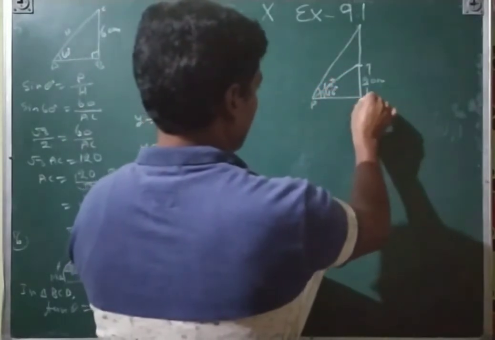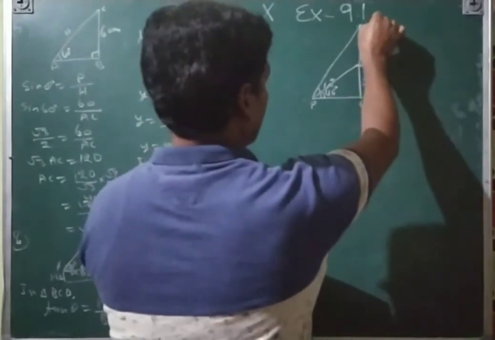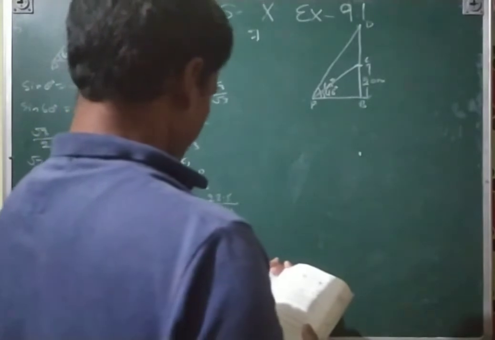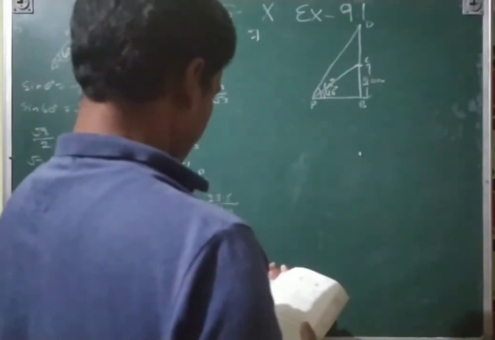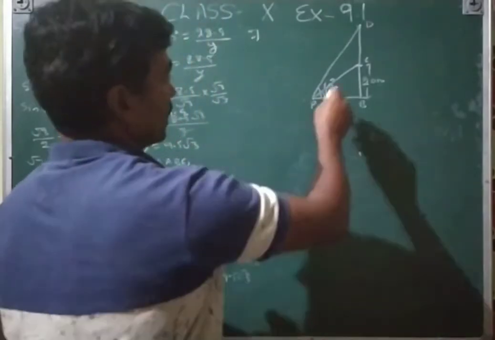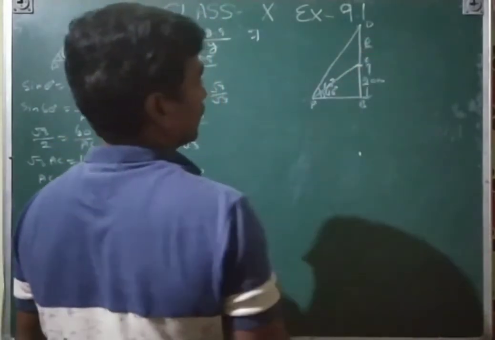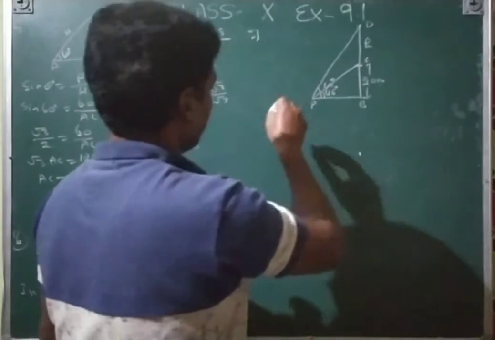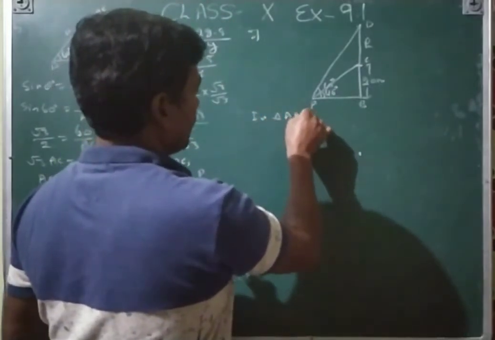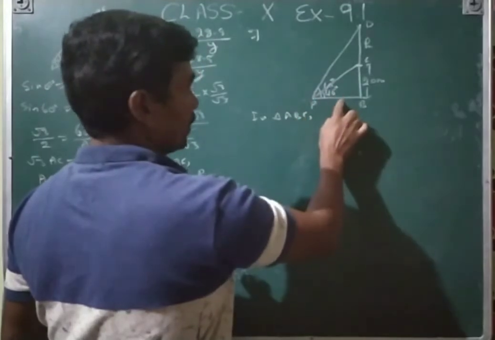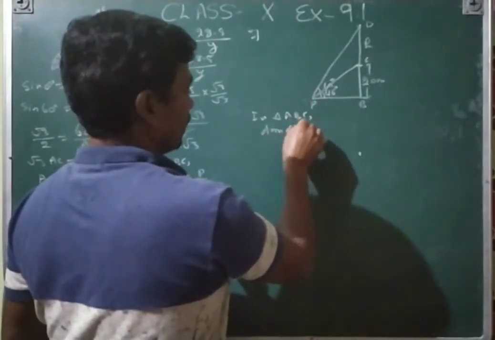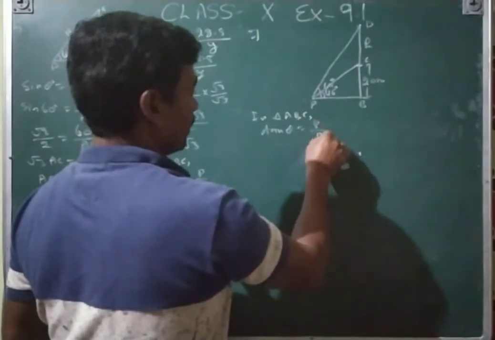So A, B, C, D. We need to find the height of the tower. Now in triangle ABC, tan theta is equal to perpendicular upon base.